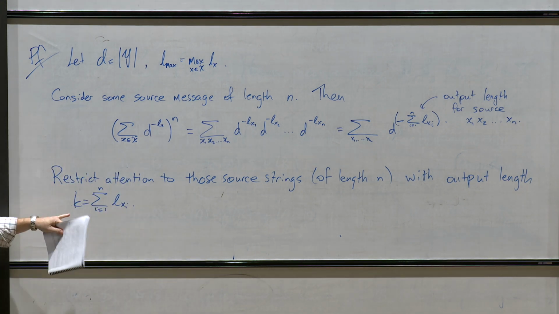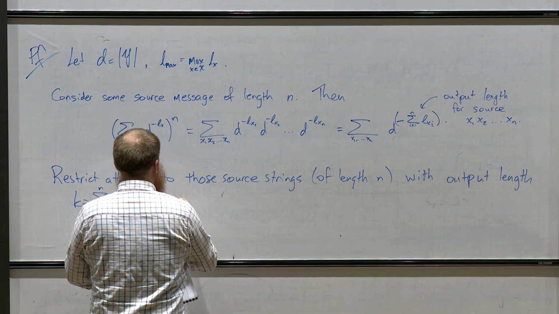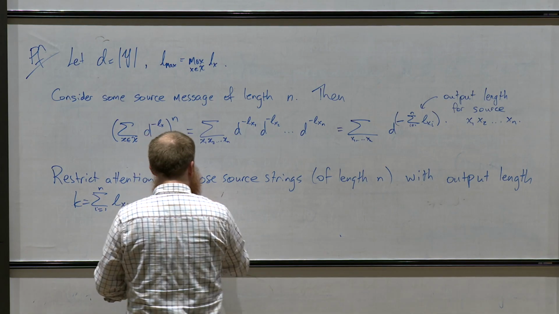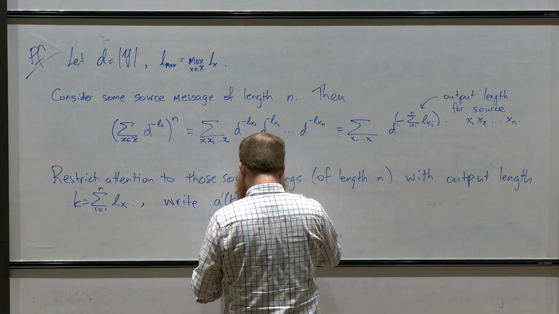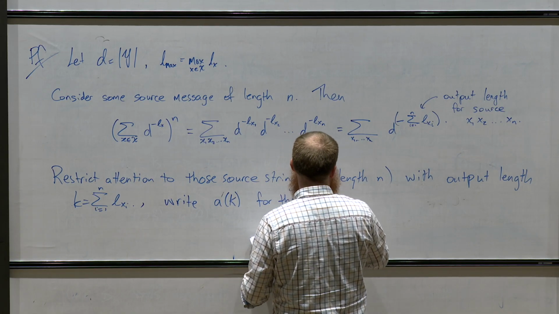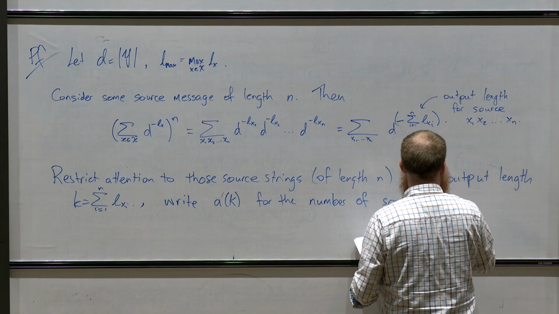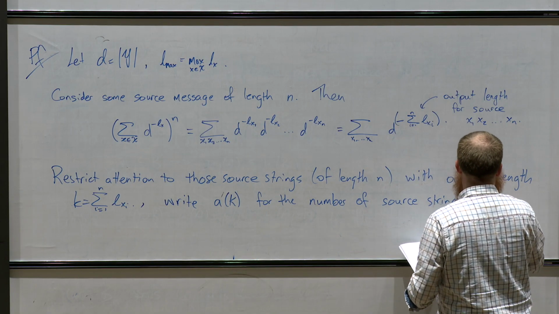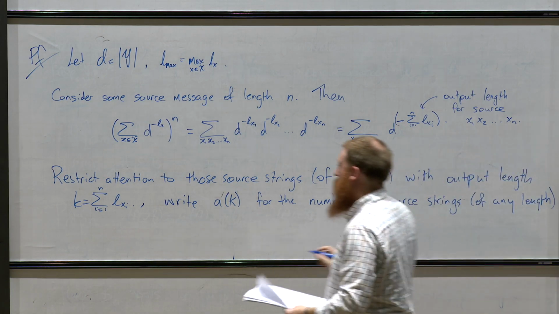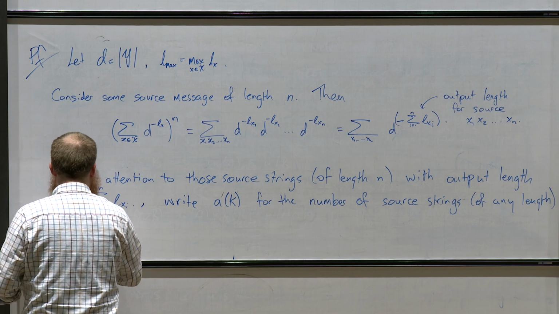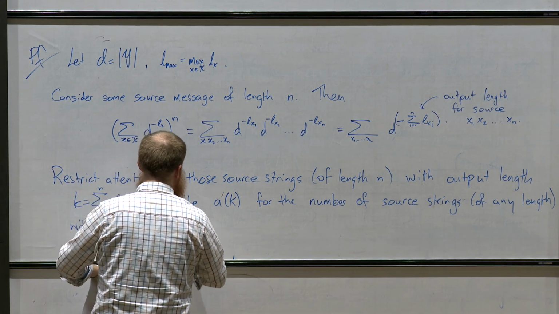So this is the source strings such that this is the exact length we get. And we write a_k for the number of source strings of any length with output length k.